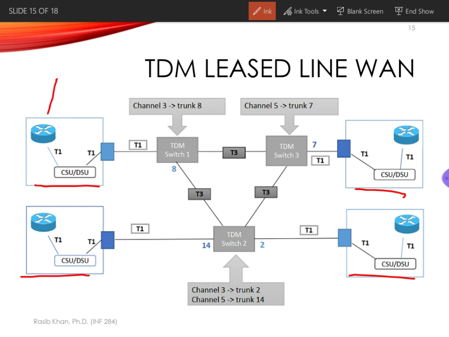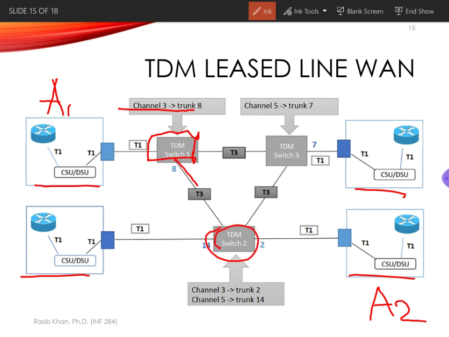So let's say customer A has 2 sites, A1 and A2, and the TDM switch 1, which is a time division multiplex switch, will forward everything that is received on channel 3 to trunk 8, which means through here.